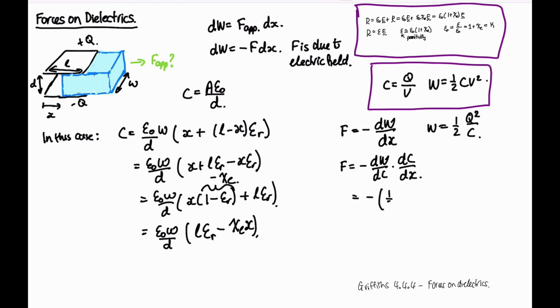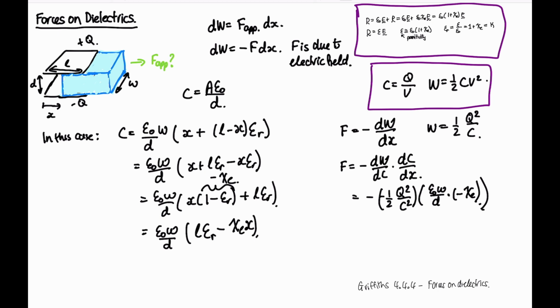And when we differentiate, we get minus a half Q squared over, and this is C to the minus 2, so over C squared. And then we have to differentiate this term with respect to X. So that gives us the epsilon naught W on D, and then we've got the negative of the susceptibility.